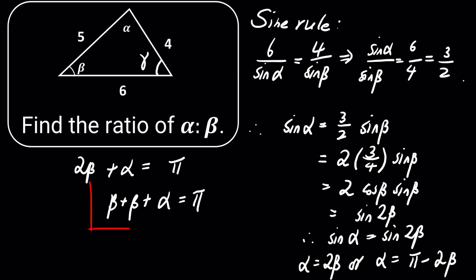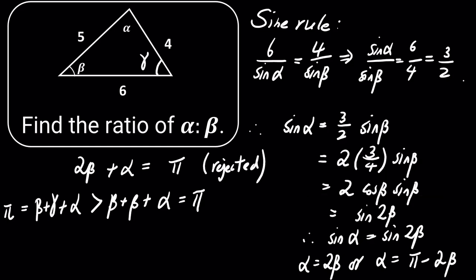But this is beta plus alpha, it will be less than beta plus gamma plus alpha, and this equals 180 degrees. This will mean that pi is greater than pi. So that will be a contradiction, meaning that we have to reject.